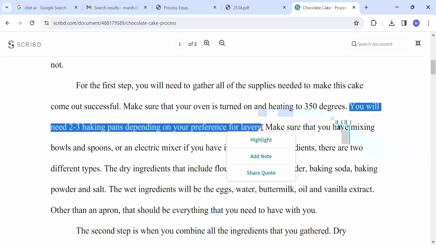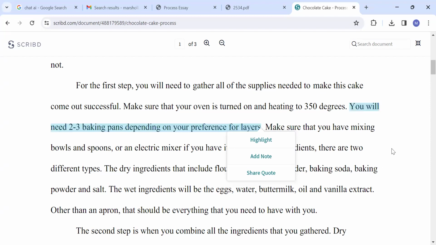So if you know you want a 1 layer cake, 1 pan. 2 layers, 2 pans. If you want 3 layers, 3 pans. Notice she did not just say baking pans. She explained the number of baking pans you need based on the layers that you're going to make.